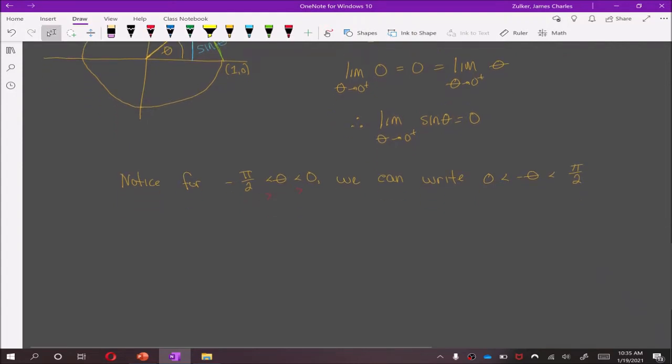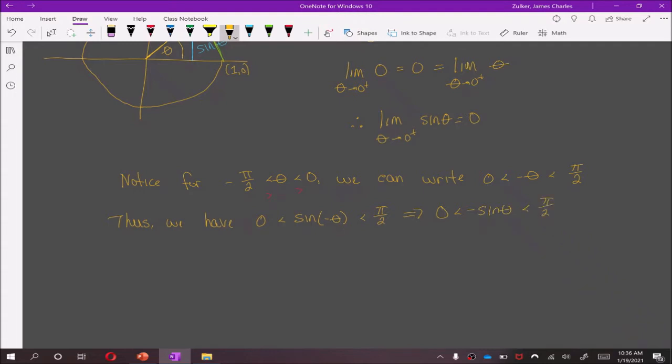So, using the argument from above, we would have that 0 is less than sine of negative theta, which is less than pi over 2. However, since sine is an odd function, we can write this as 0 less than negative sine of theta less than pi over 2.